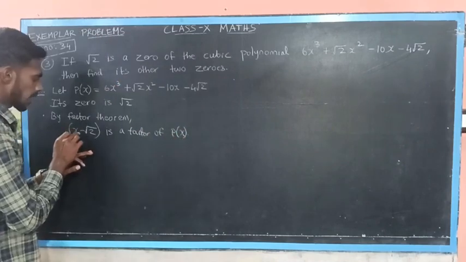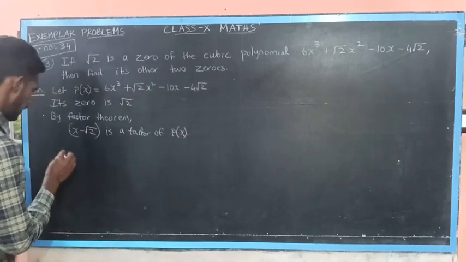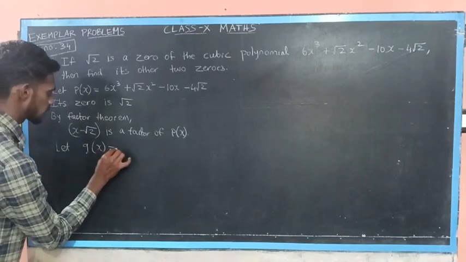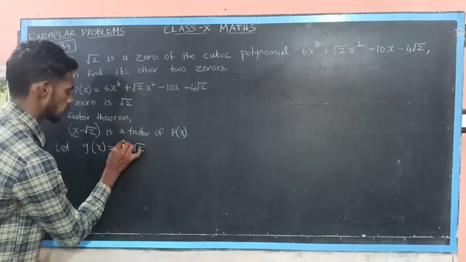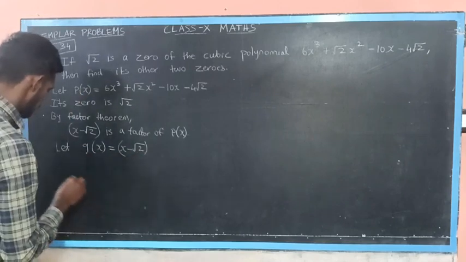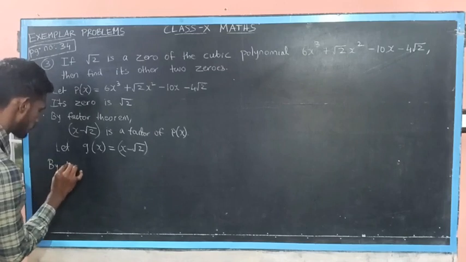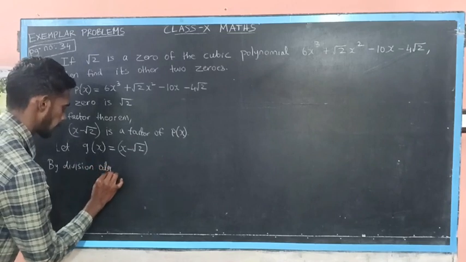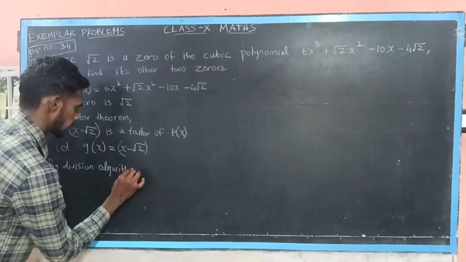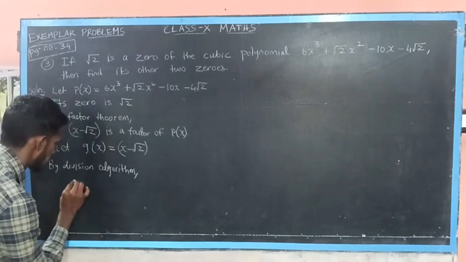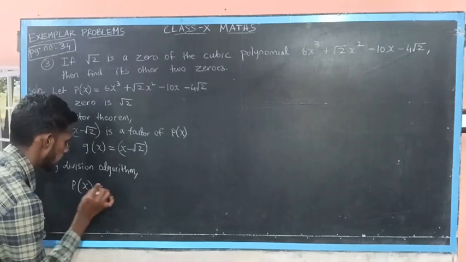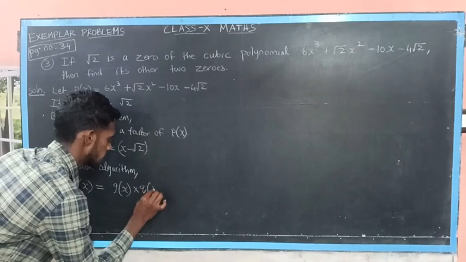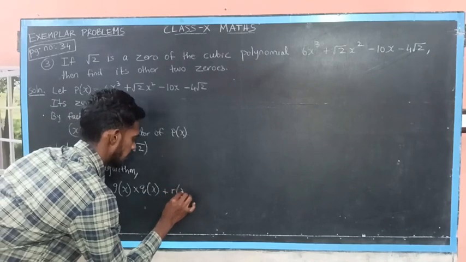If x minus root 2 is a factor of p of x, then let's name this factor g of x. g of x is equal to x minus root 2. Then by the division algorithm for polynomials, we can write p of x is equal to g of x into q of x plus r of x.